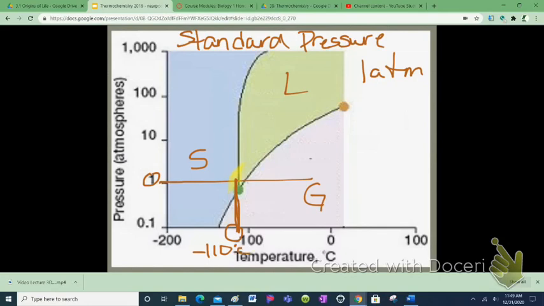And my boiling point, it's about 100 degrees. I give it 100 degrees Celsius. So now I know what my freezing point is, and I know what my boiling point is.